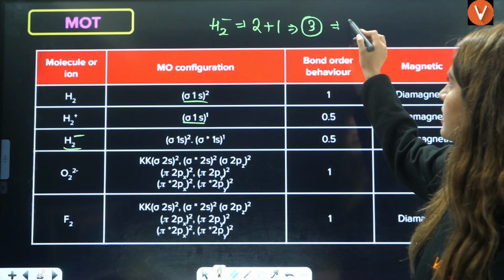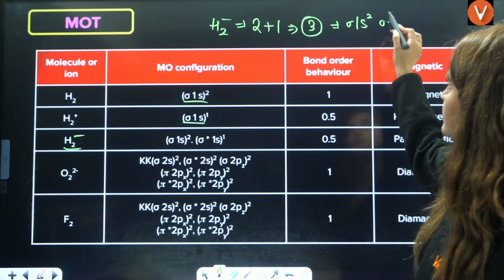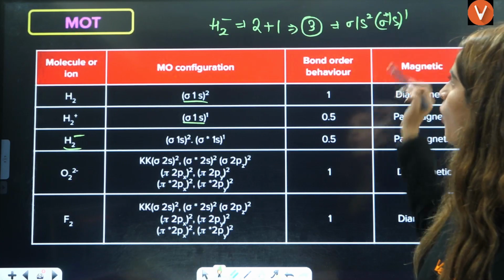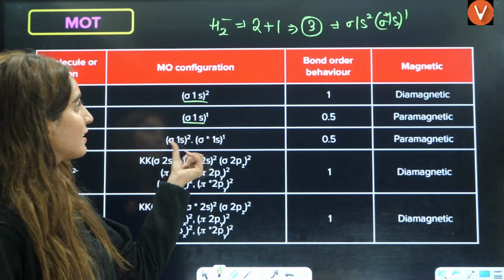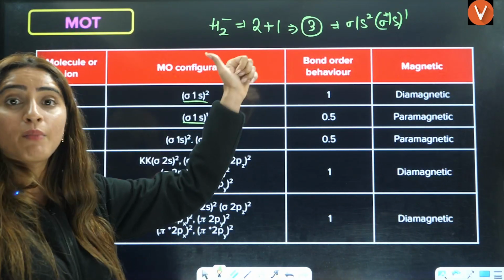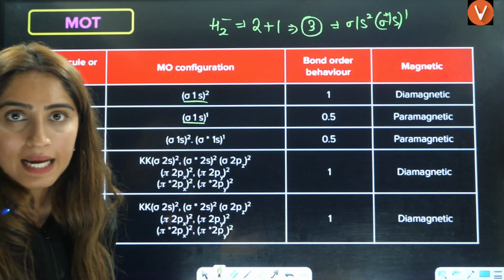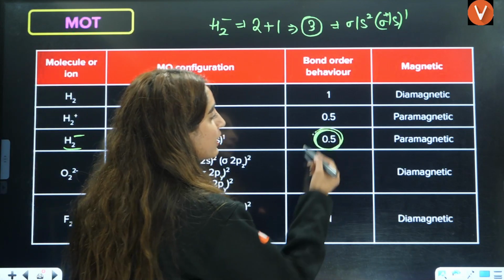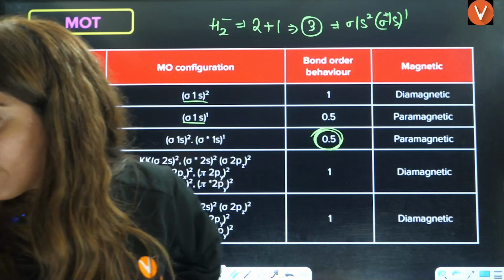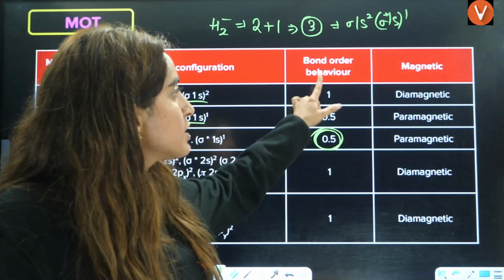Now here it is sigma 1s2, sigma star 1s1, that is 2 electrons in sigma 1s and 1 in sigma star 1s. Understood? It is going to give us 0.5. That is, it is going to give us the bond order.